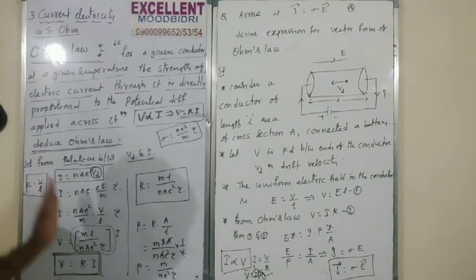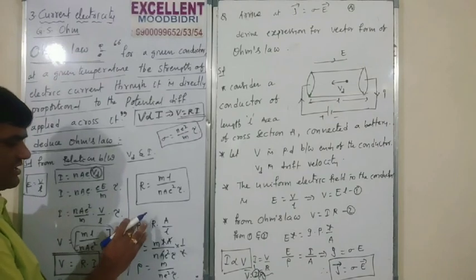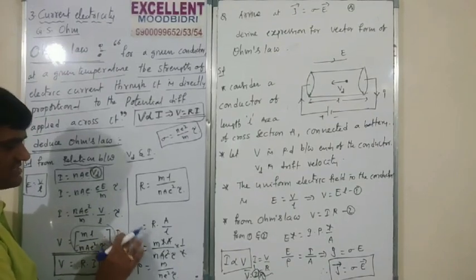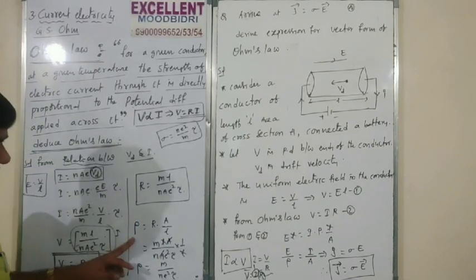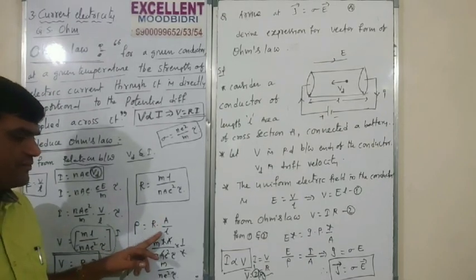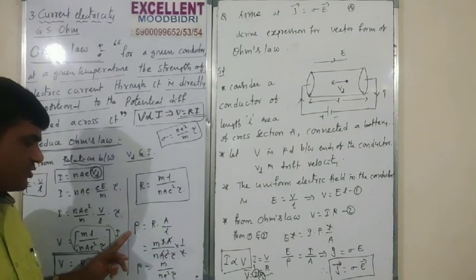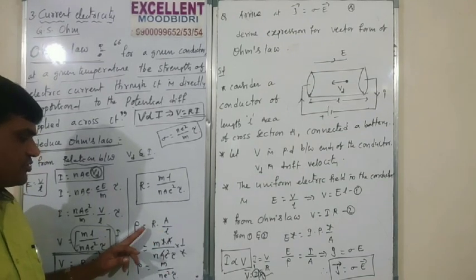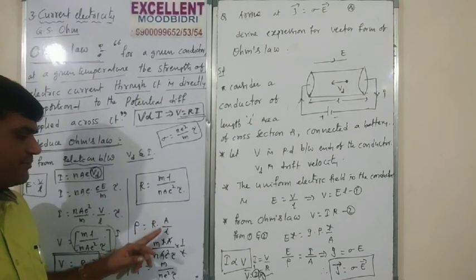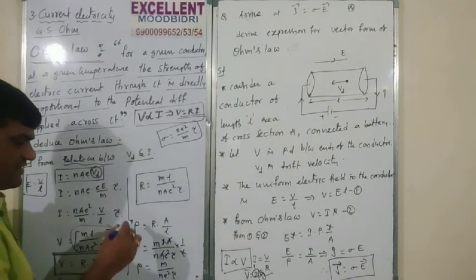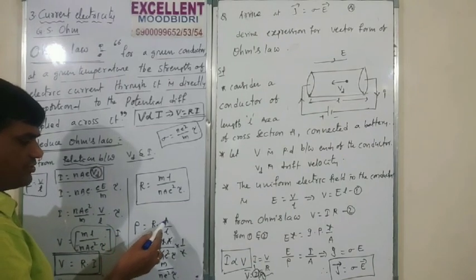Similarly, one more relation you know already: resistivity, specific resistance. Rho is equal to R into A by L. We learned it already in class 10th also. Later I will give it to you, but you have to remember it.